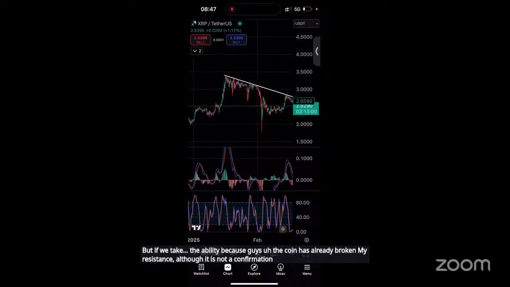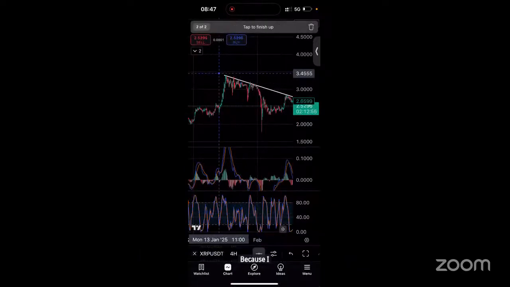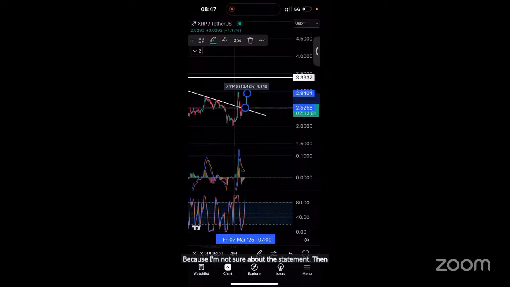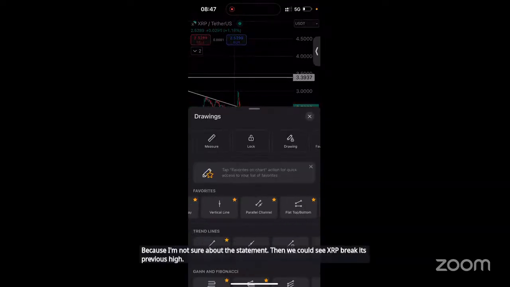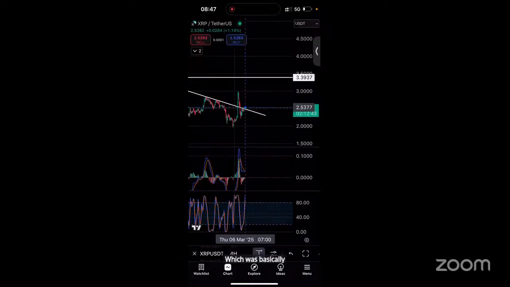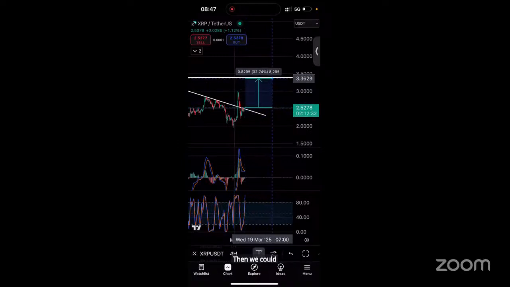If it happens, and it's true, because I'm not sure about the statement, then we could see XRP break its previous high, which was basically from this point here. If you could go long term about this coin, then we could say XRP gives not less than a 30% profit.